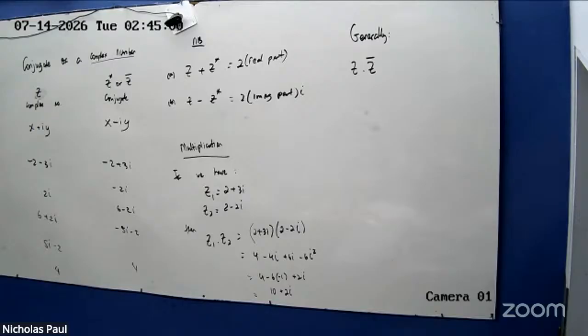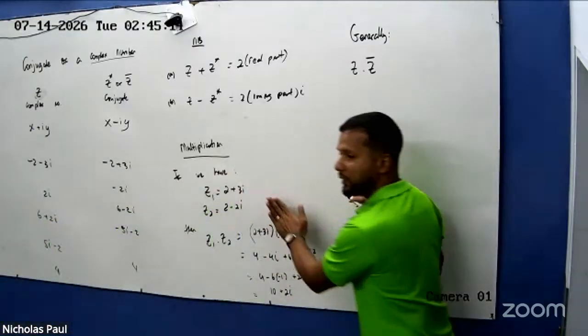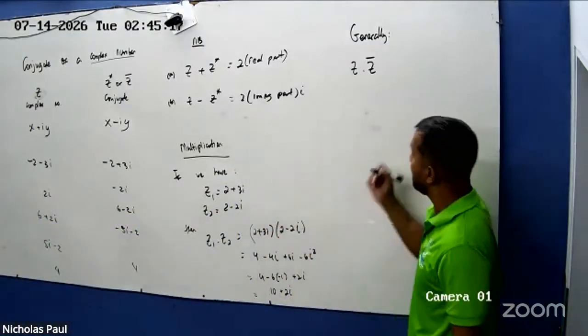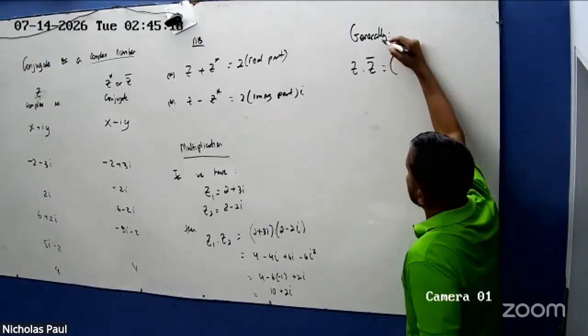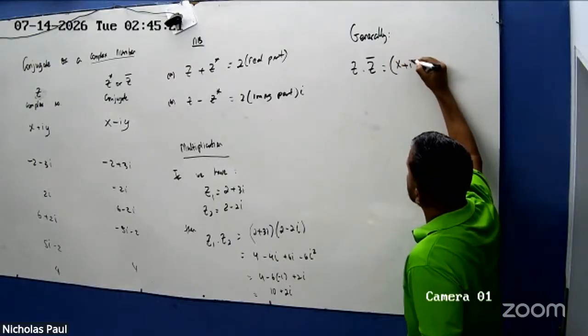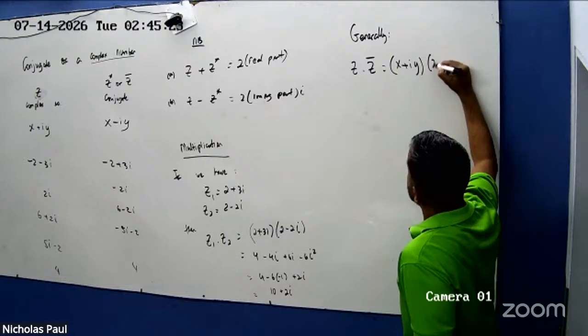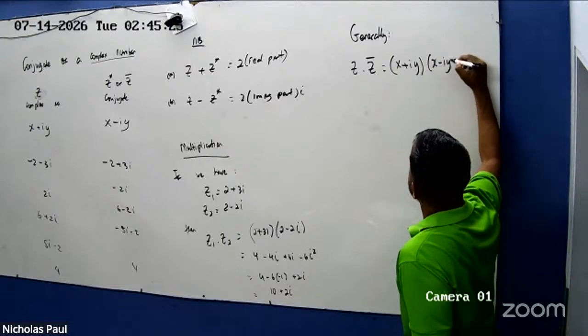Choose the other, x plus iy. No, I don't want to use numbers yet. I don't want to use numbers. I want you to use a general term for z, and I want you to use a general term for this.